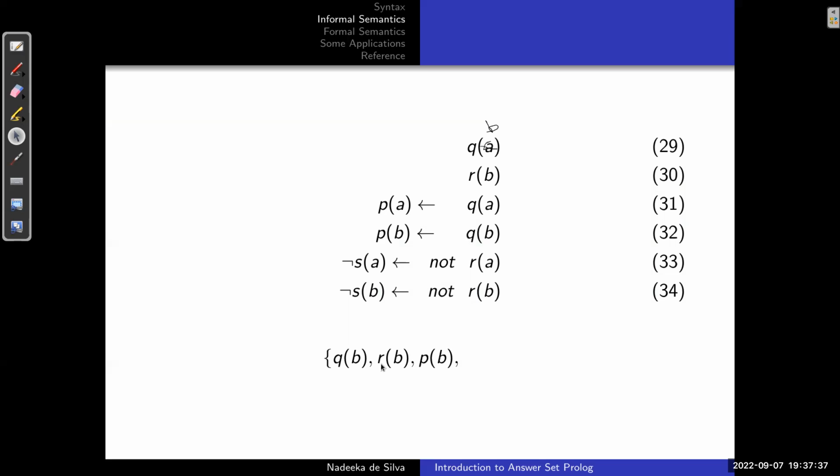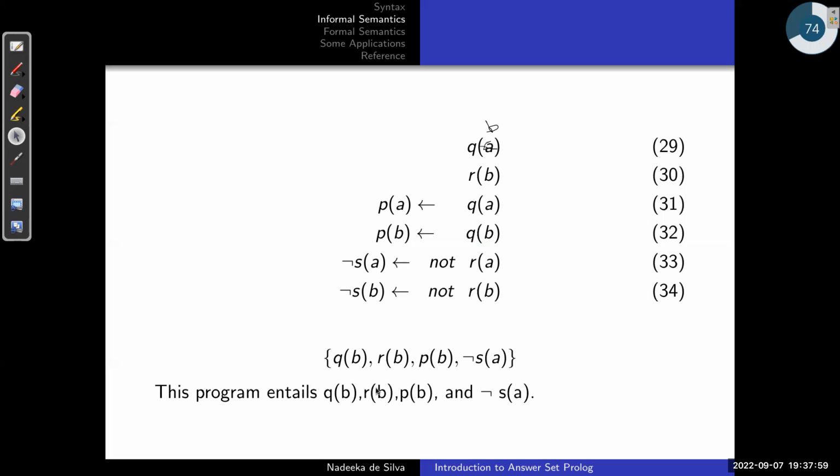Now I don't have RA in my answer set, so the body of the not SA rule is satisfied by this set, and I have to include not SA. And I'm not going to include not SB because RB is in my answer set. So this is the answer set for this program, and the program entails these literals.